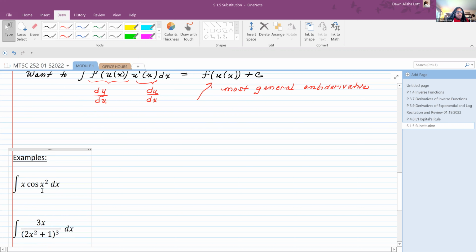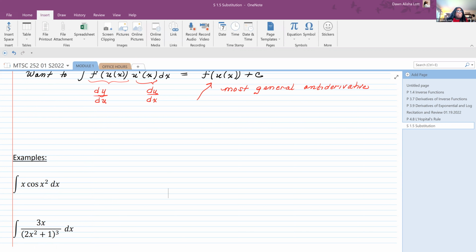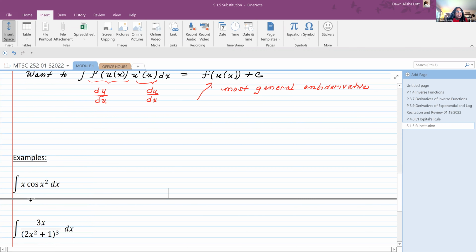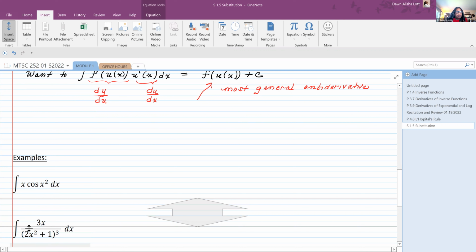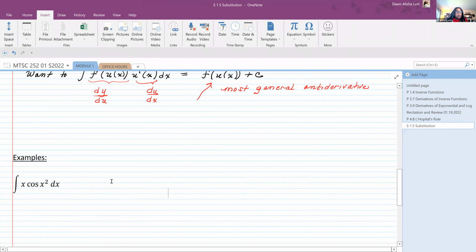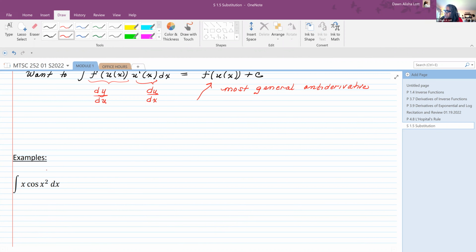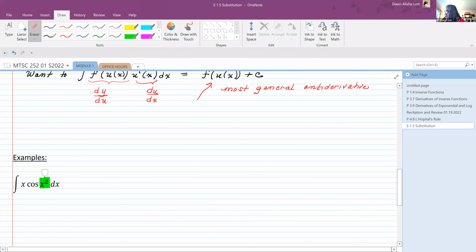Okay, so here I have the integral of x times the cosine of x squared. None of this should look strange to you. Notice I am taking the cosine of x squared. So the outside function, the y of u, is the cosine.